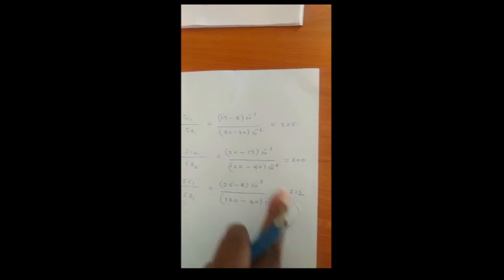Now take the average value of these three betas. The average value of beta is given by beta 1 plus beta 2 plus beta 3 divided by 3.